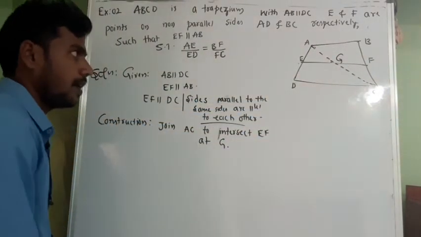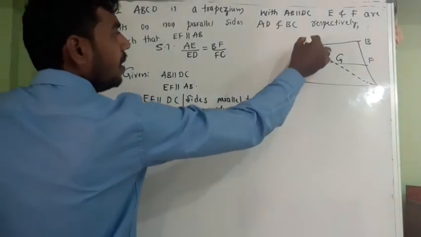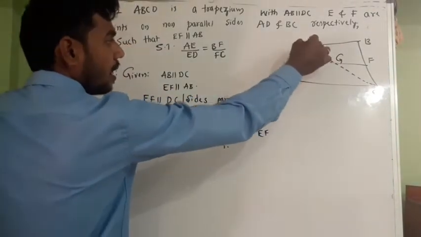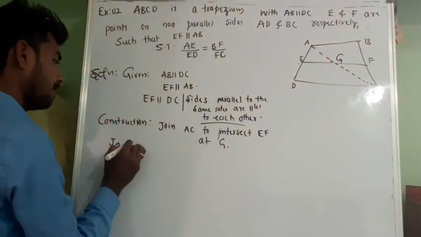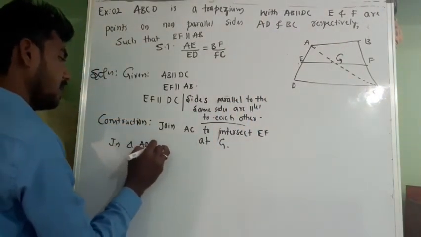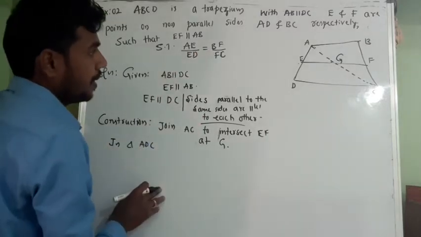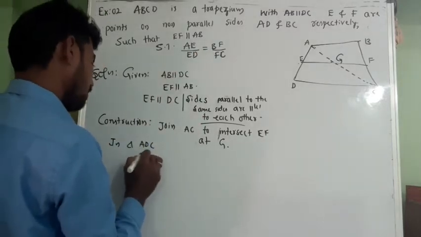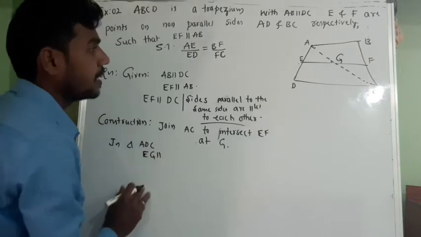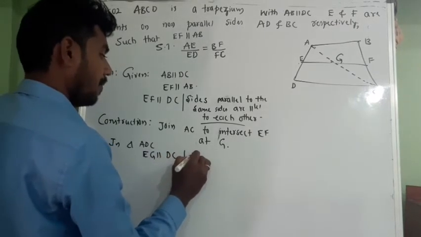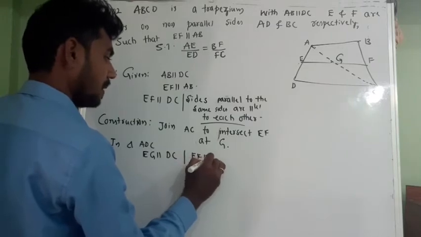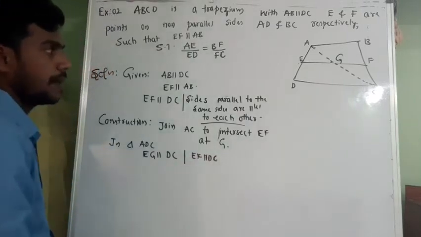I did that. Now in triangle ADC, EG is parallel to DC. Why? Because EF is parallel to DC. It is given. That is the reason EG is parallel to DC.